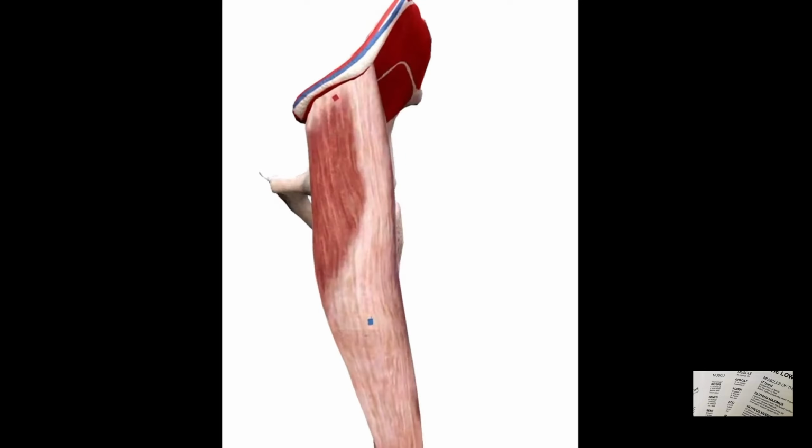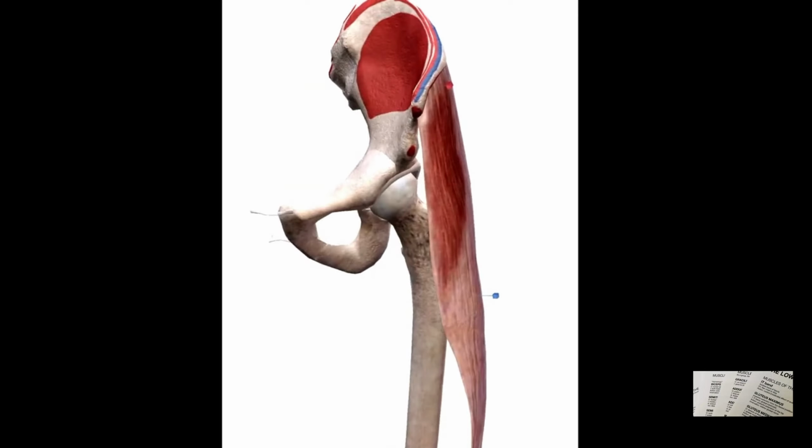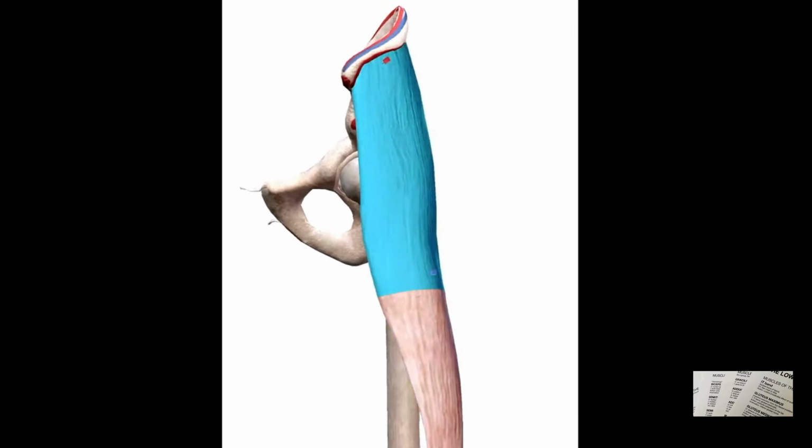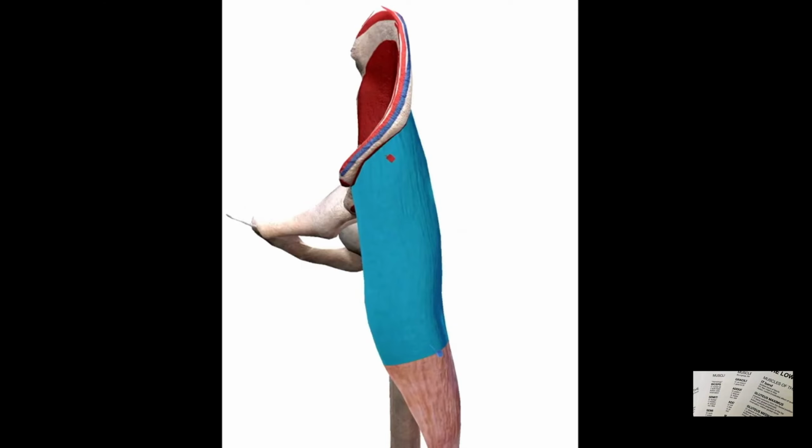That's right, it's going to insert on the iliotibial tract, the IT band. You can see them articulating here. Here's the tensor fascia lata, and here's the IT. Our origin is the iliac crest of the ilium, and the insertion for the tensor fascia lata is going to be the IT band.